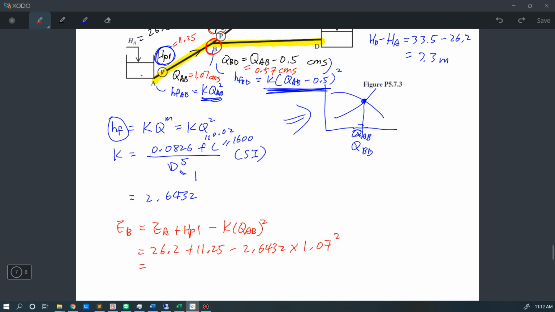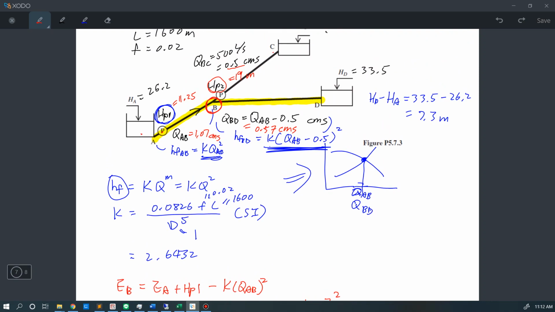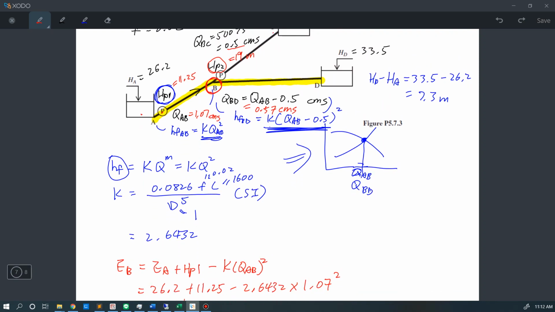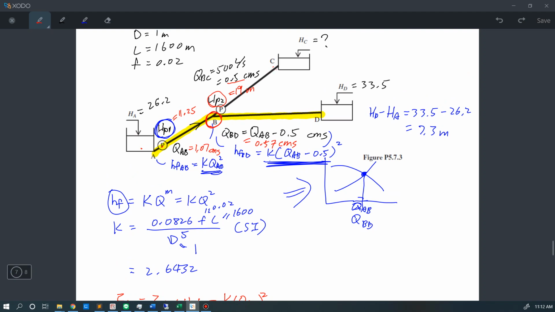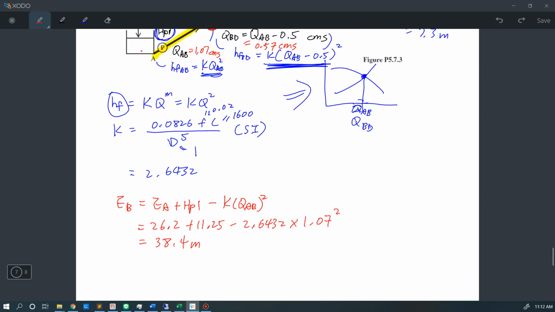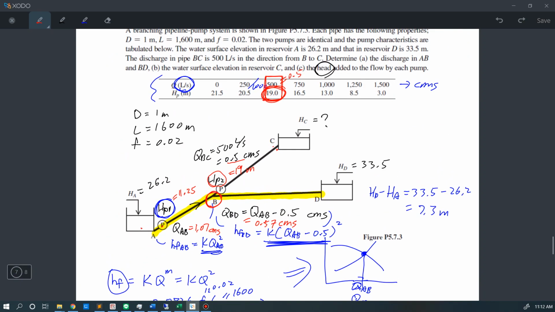Then we can get the energy at the junction B equal to 38.4 meter. And then we can apply the energy balance again for this BC segment to find out the HC.